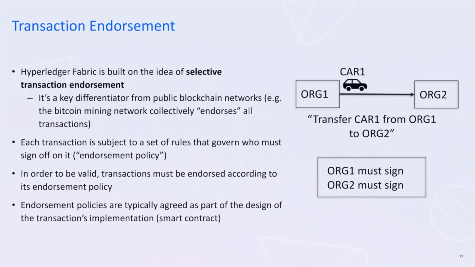So how do we have this endorsement in Fabric? Hyperledger Fabric is built on the idea of selective transaction endorsement, which also means the rules governing the endorsement are expressed using an endorsement policy. Transactions are implemented as a request to invoke a smart contract or chaincode; either way you can call it.